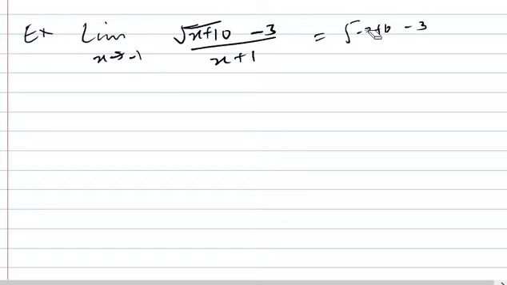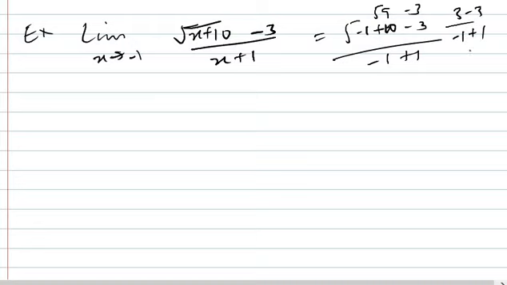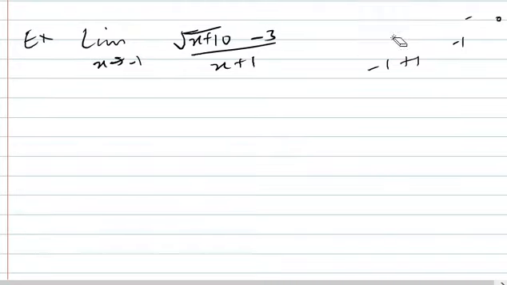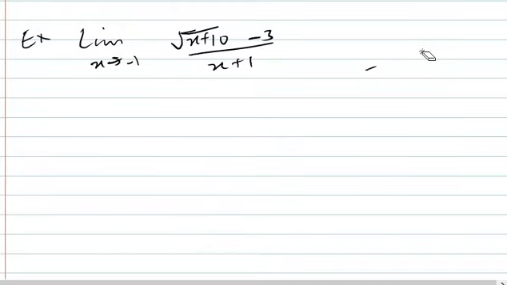If you put -1, it will become root of 9 minus 3 over -1 plus 1. Root of 9 is 3, so 3 minus 3 all over 1 minus 1 is 0 over 0. So you have to use the conjugate method.